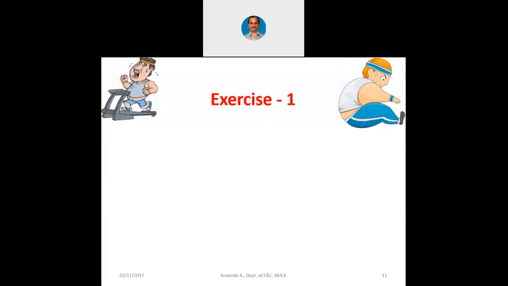In your case also, now you are quite young. When you cross middle age, you should take care not to become overweight at all. Even now you should take care not to become overweight, because gaining weight is very easy. Losing weight is very difficult later on. You can see how people work a lot to reduce the weight, and how there are many marketing therapies available for losing weight.